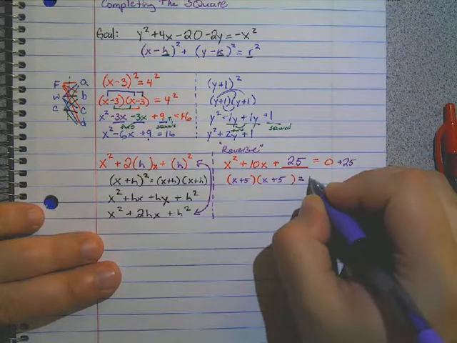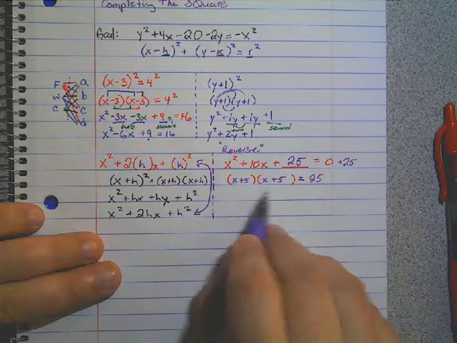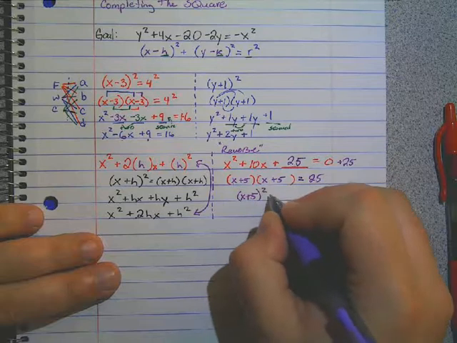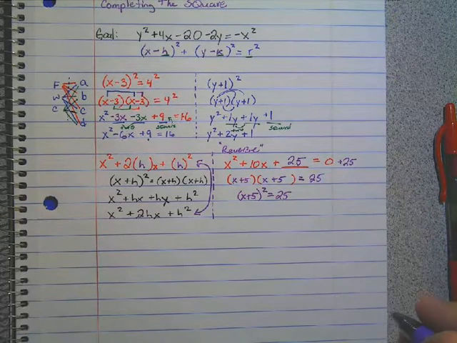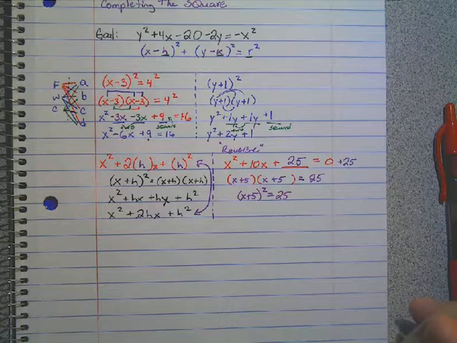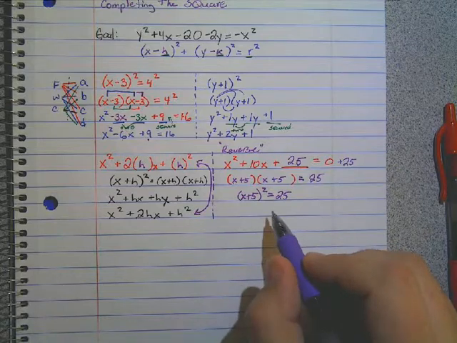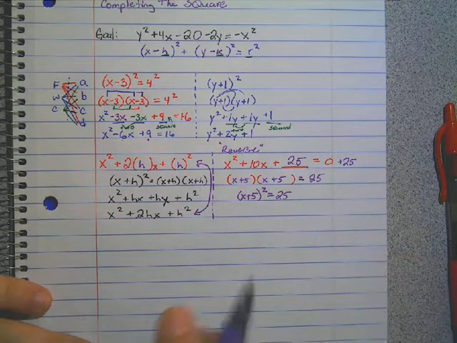So if I add 25 to one side, what do I need to add to the other? The same thing, golden rule of algebra. Add the same thing to both sides. Good. So this ends up being the quantity x plus 5 squared equals 25. Okay, great.